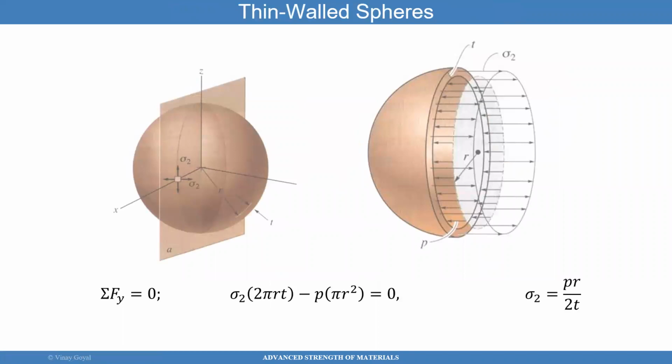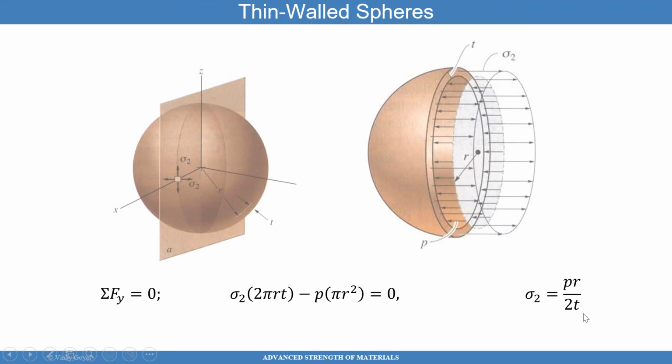For a sphere, the equations are going to be very simple. Using a very similar approach to what I just did, you find that the pressure is acting on the projected area, and that projected area is pi r squared. It doesn't matter how you slice the cake or the sphere or the ball. Therefore, the hoop stress, no matter what direction you're looking at it, is going to be PR over 2T.